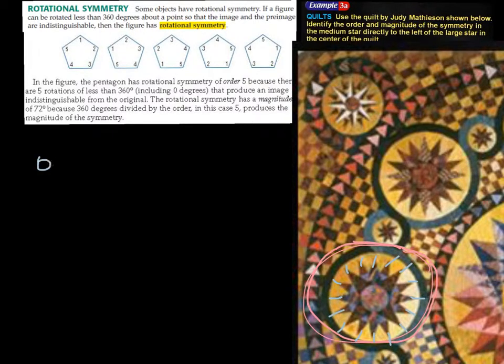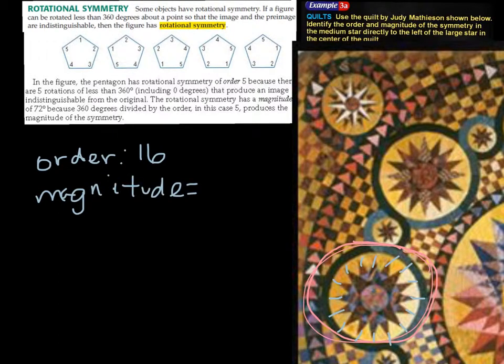That means our order is 16, and our magnitude is then going to be 360 divided by 16, which is 22.5.